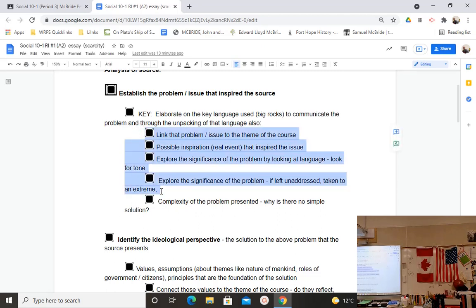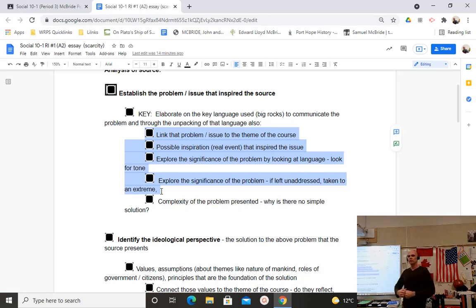In our discussion, we've been answering these things. Can you see how we've unpacked? This is the problem. Common challenges. Possible inspiration. Well, at a macro level, it could be a famine. At a micro level, it could be extreme poverty in the streets, like homelessness. Either way, it's a humanitarian or at least a crisis for humanity.